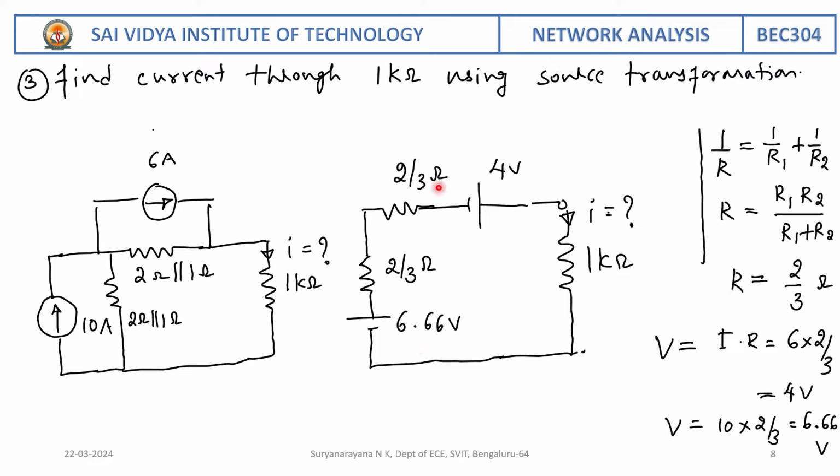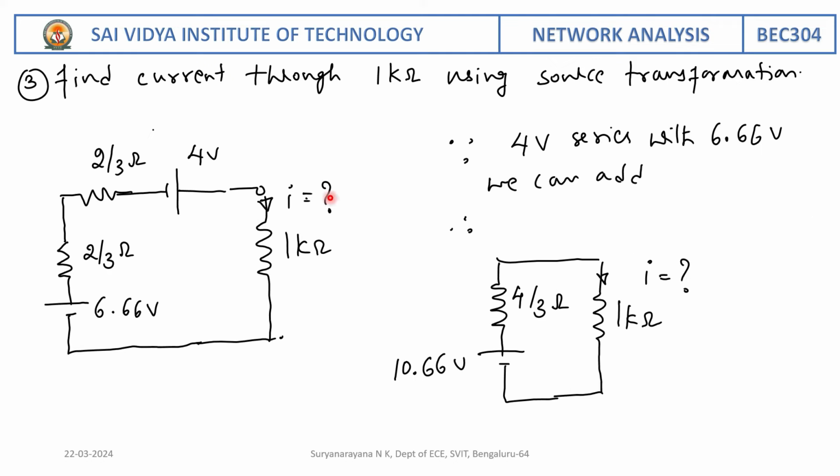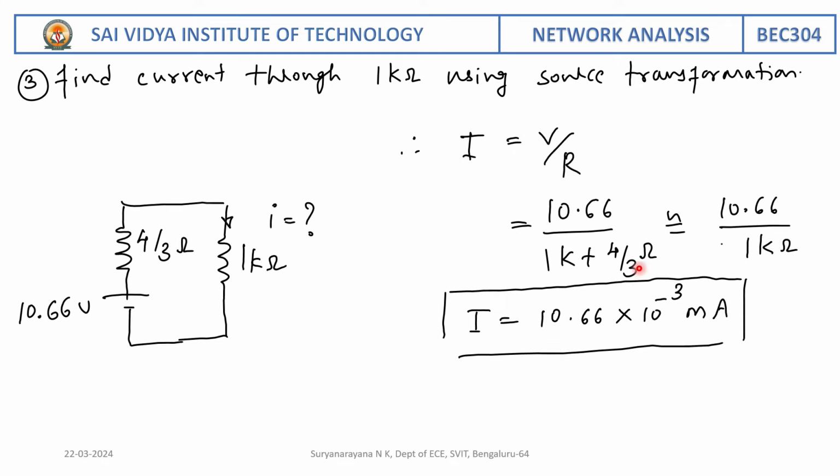So now we can add these two voltage sources which are in series, and these two resistances are in series, we can add. Therefore, the circuit results in 10.66 volts in series with 4 by 3 ohm. Now use the equation I is equal to V by R. We know what V is, we know what R is.